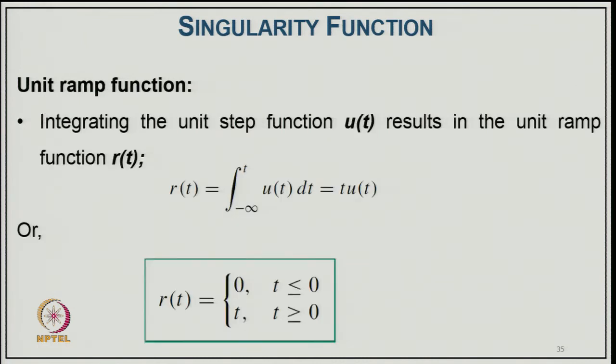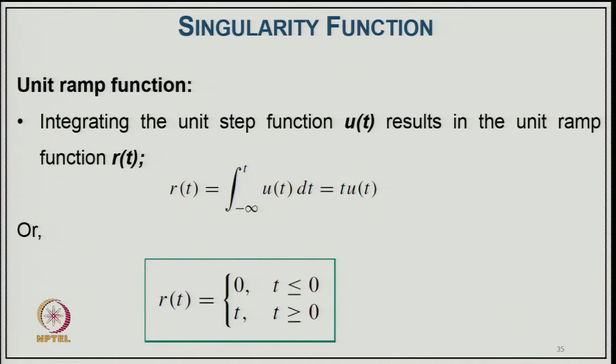There is a third singularity function, which is also used to study the response of a system or circuit. Integrating the unit step function results in the unit ramp function r(t), which can be defined as the integral from minus infinity to t of u(t) dt. Because the integration results in t times u(t), we can define r(t) equal to 0 for t less than 0, and t for t greater than or equal to 0, because u(t) itself becomes 1 for t greater than 0.